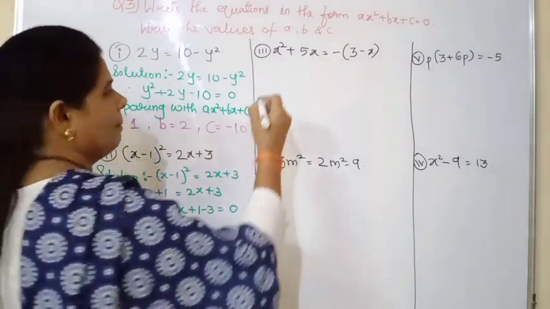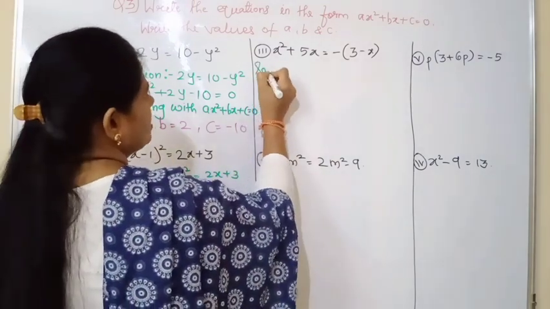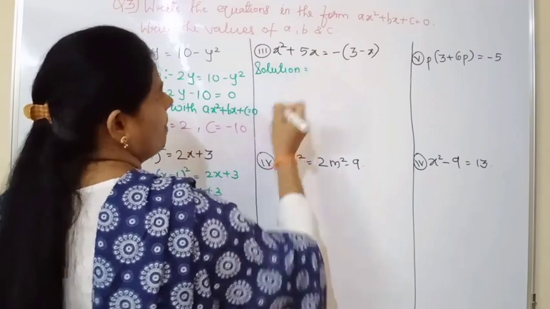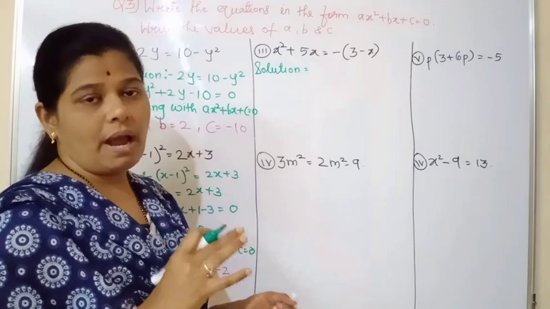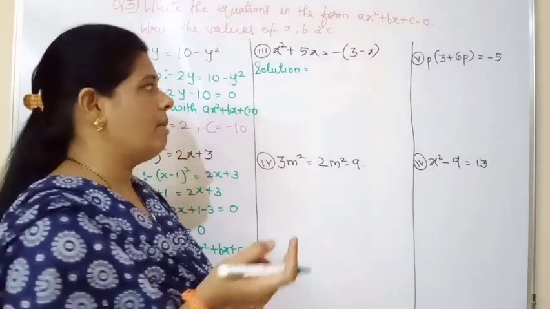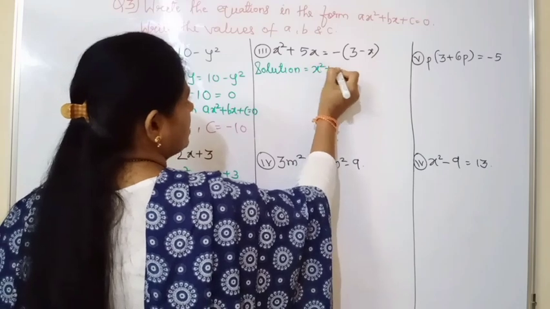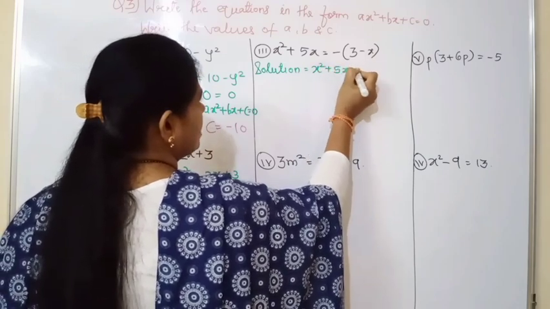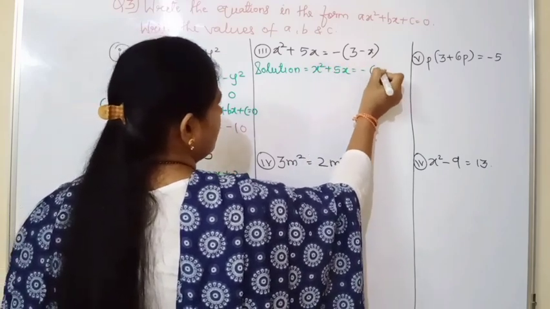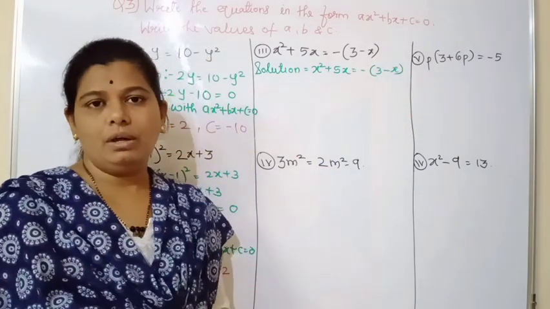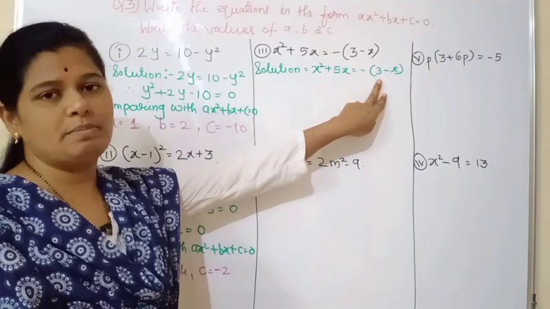See the third example, that is x square plus 5x equal to minus 3x, minus in bracket 3 minus x. So I will just write the equation here, x square plus 5x equal to minus 3 minus x. Now what we have to do here? We have to first of all remove this bracket.